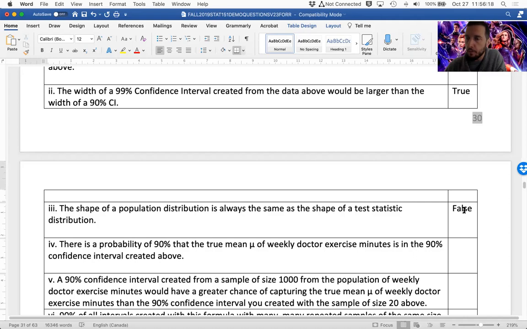So if we sample from a right skewed distribution and we take more than 30 observations, then X bar is normal, which means that the test statistic distribution is also normal. We haven't actually talked about what the test statistic is in any capacity yet, but essentially, just for clarity, what this question is asking is: is the shape of the population the same as the standardized mean?